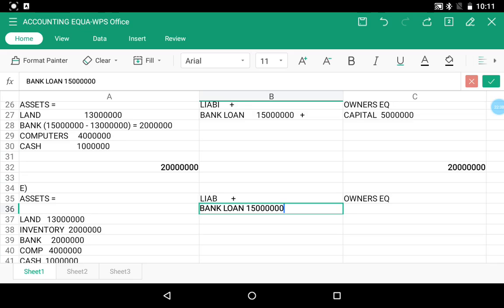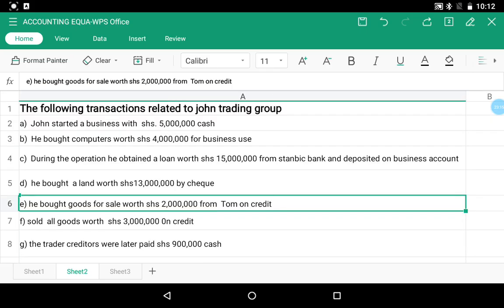Then they said they bought inventory. So here, we are going to consider them as trade payables. Those are trade payables, and they lie under current liabilities. Those are people who will supply you goods but on credit. So here under liability, we have trade payables. But when you check in our transaction, they said he bought goods for sale worth shillings 2 million from Tom.